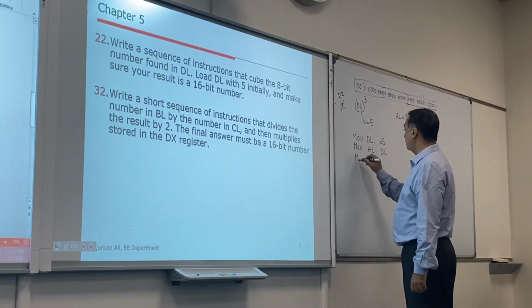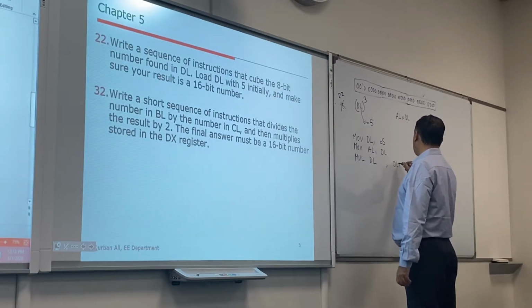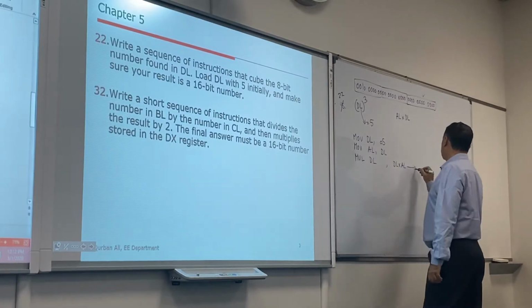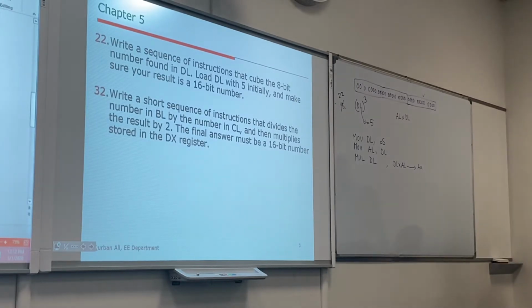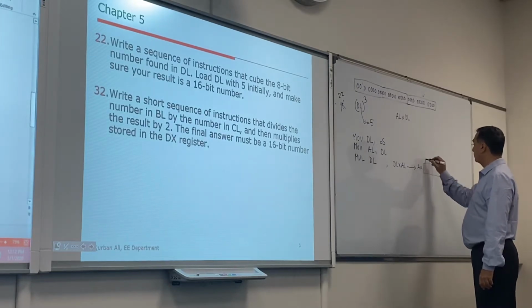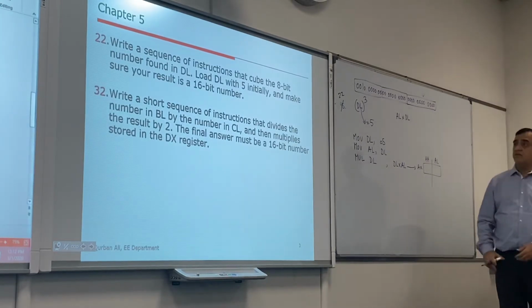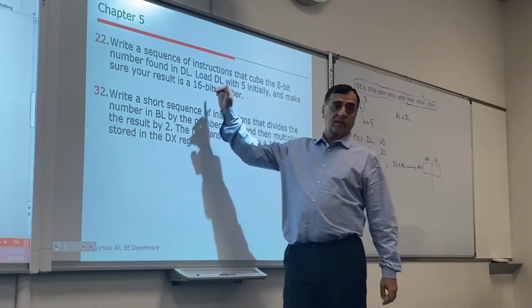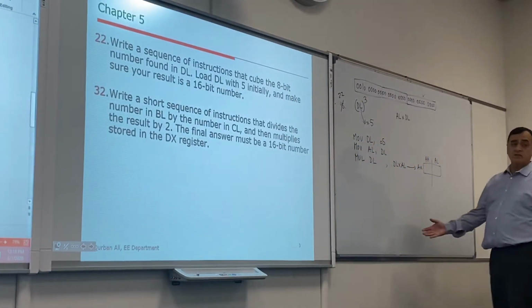If I say mul DL, this will be DL times AL and the answer will be in AX. Multiplication, right? And AX means AH and AL, right? Now it says make sure your result is a 16-bit number.